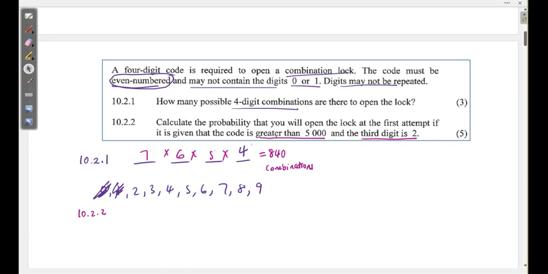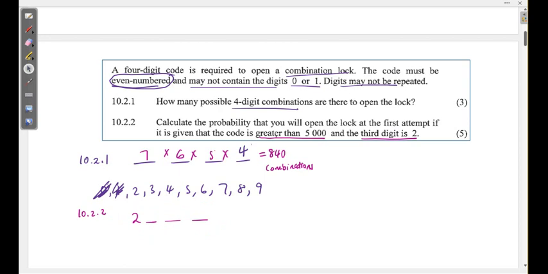Let's understand the following, good people. A number that will be greater than 5,000. Do we agree that if your code is starting with a 2 and then has 2 and then other numbers here, sorry, do we agree that this code is going to be less than 5,000?